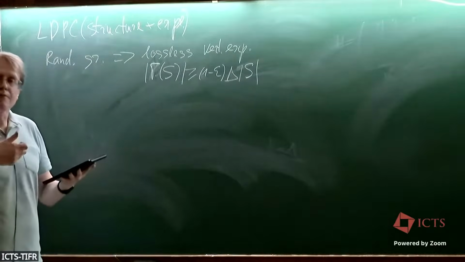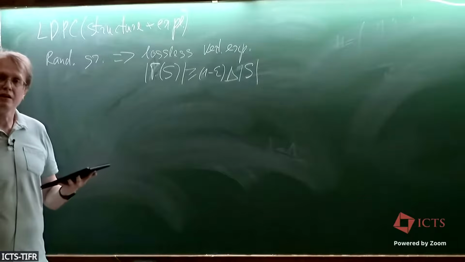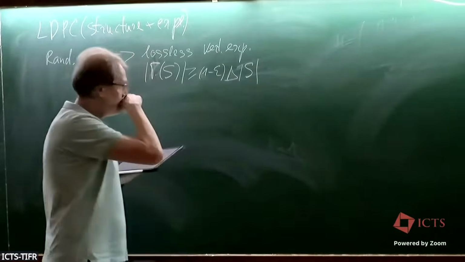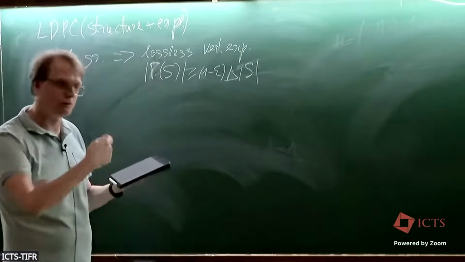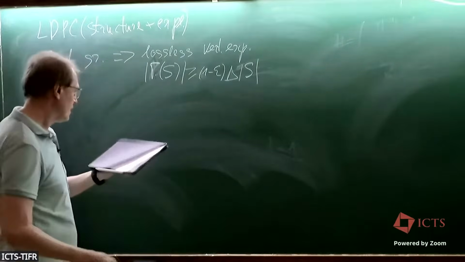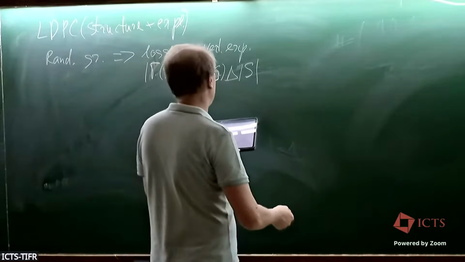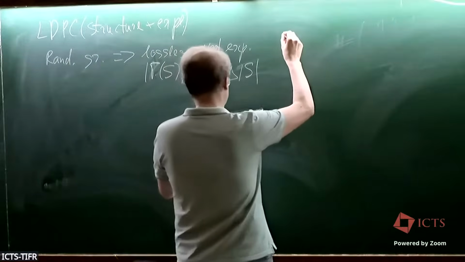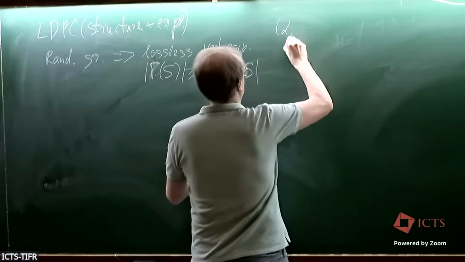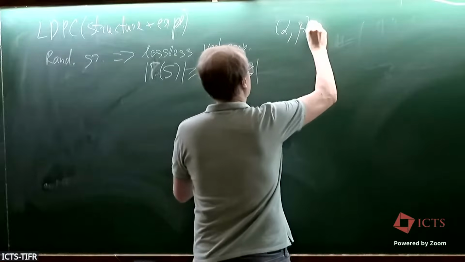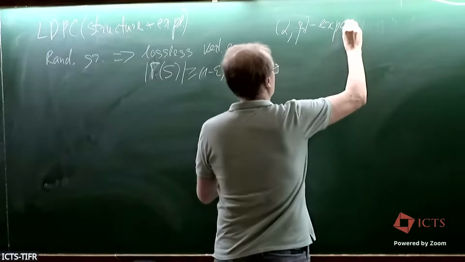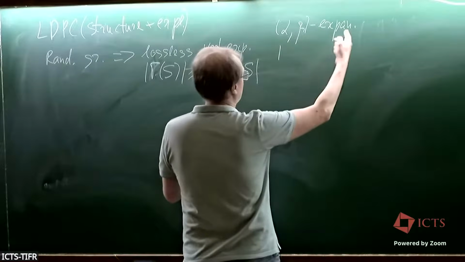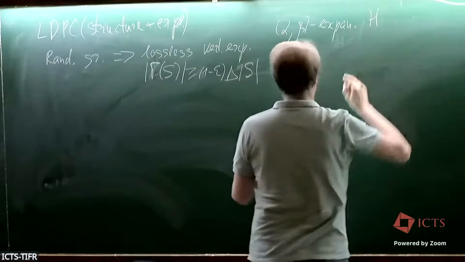And this graph has a lot of unique neighbors, and this means, as was already mentioned and proved before, maybe on the second or third day, that this gives you what I usually call alpha-beta expansion of the parity check matrix.